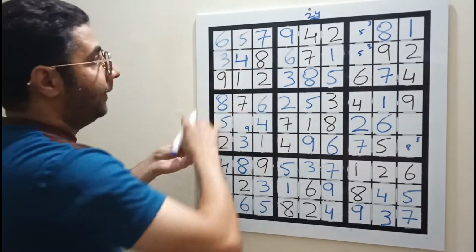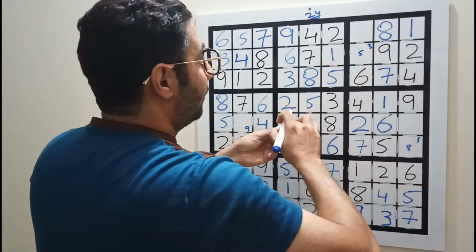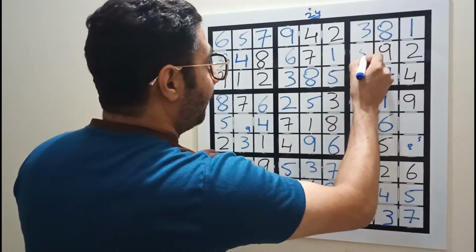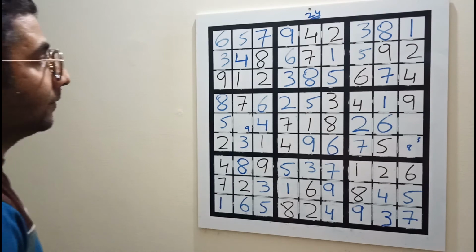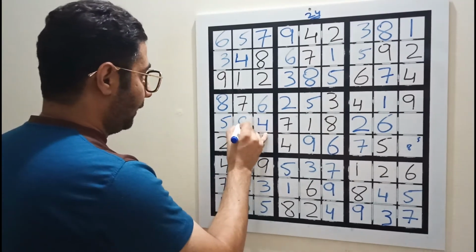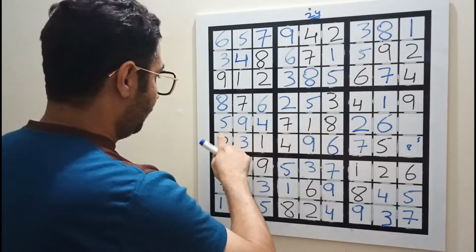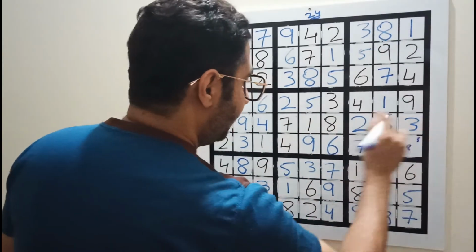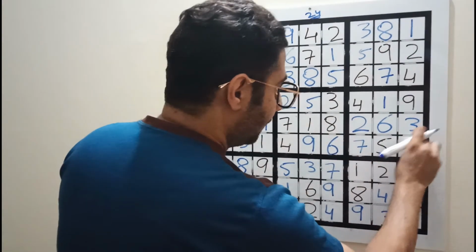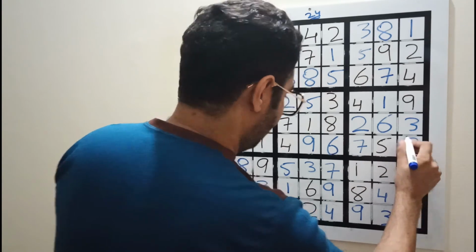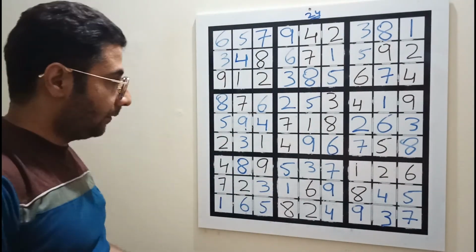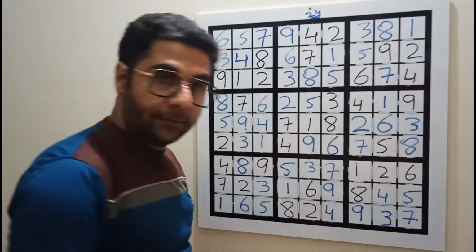This becomes 5. This becomes 9. 1, 2, 3, 4, 5, 6, 7, 8, 9. And we solved. See, this is very easy.